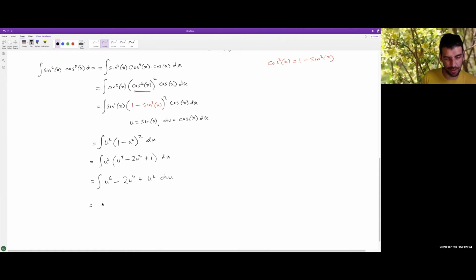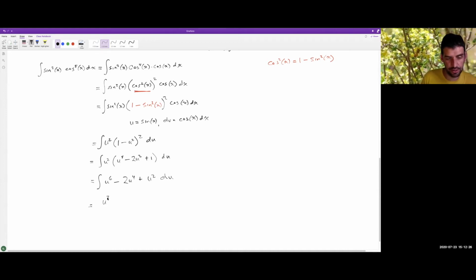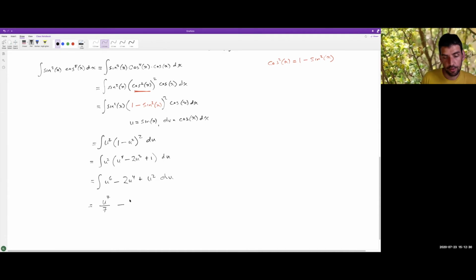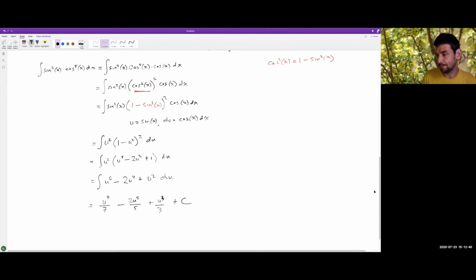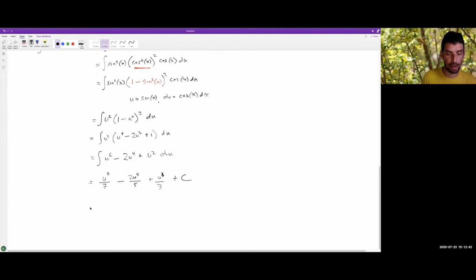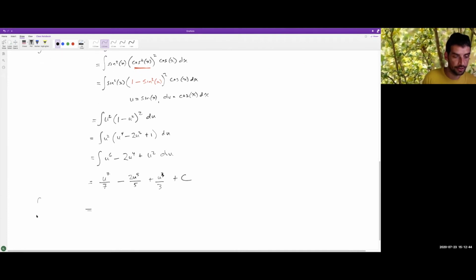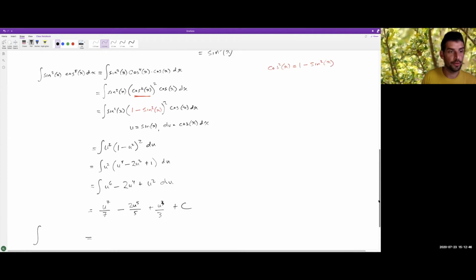So each antiderivative here, we have u to the 7th over 7, minus 2u to the 5th over 5, plus u cubed over 3, plus C. And then we just come back with our substitution. The antiderivative, let's see, what was our original?